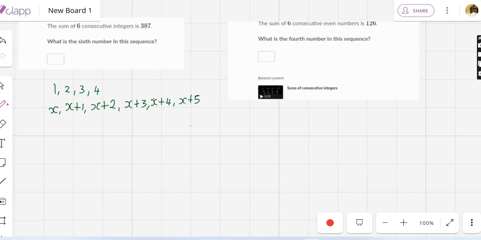So let's sum them up now. We are summing the first 6 integers. The first is x. We're adding them now.